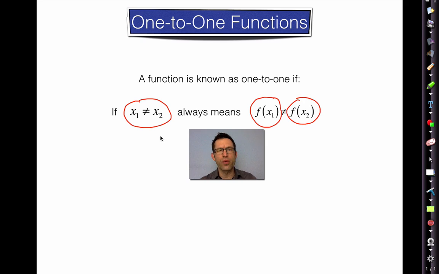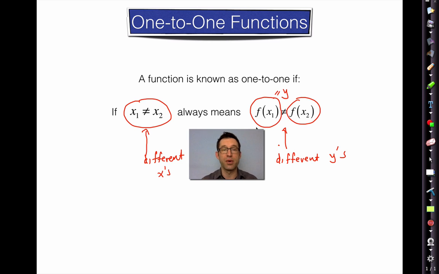Now, think about what that really means. This is saying different x's, and this is different y's. Now you might say, what do you mean different y's? Well, remember that it's always y equals f of x, so those are y values, they're outputs.